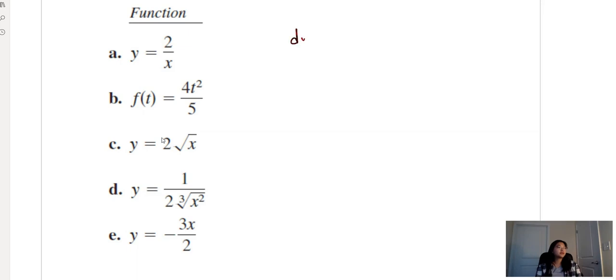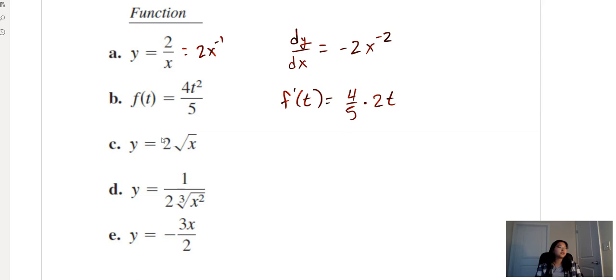All right, so now we have dy dx equals, well, this is 2 times x to the negative 1, so I have a scalar multiple, so I got negative 2 x to the negative 2. Cool. F prime of t, this is 4/5 times 2t.